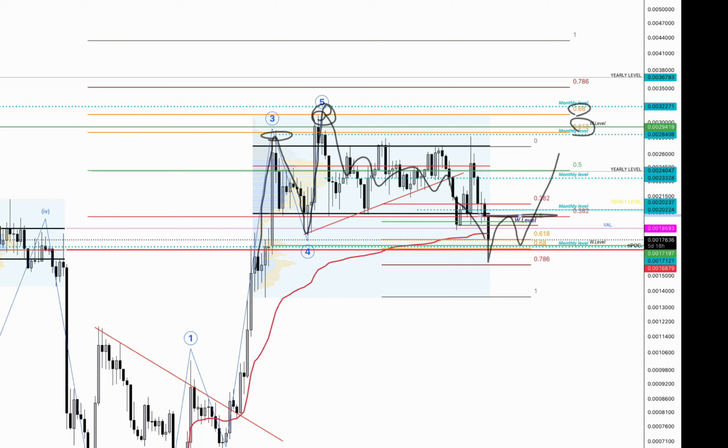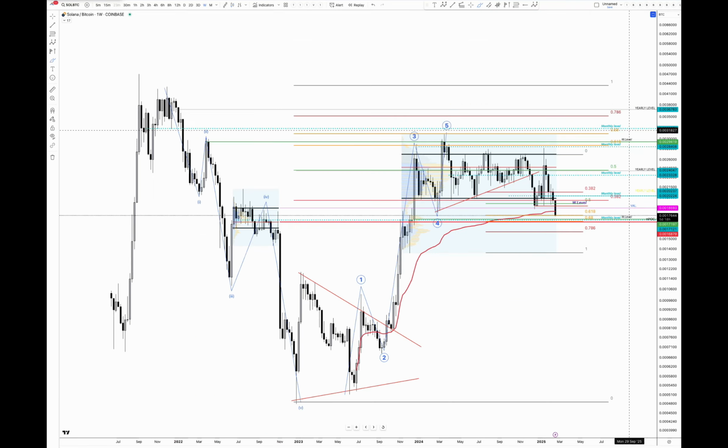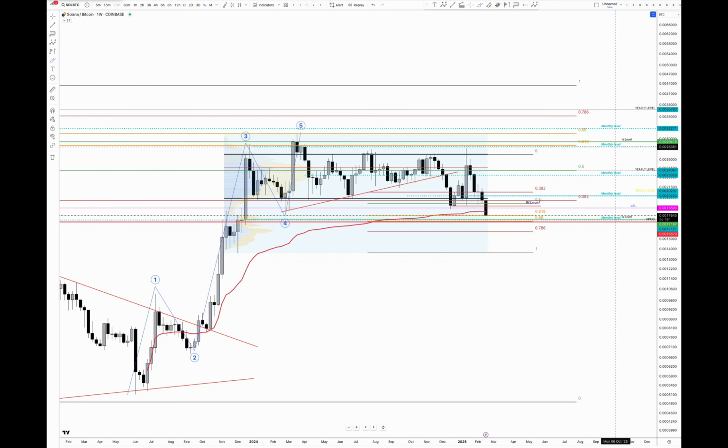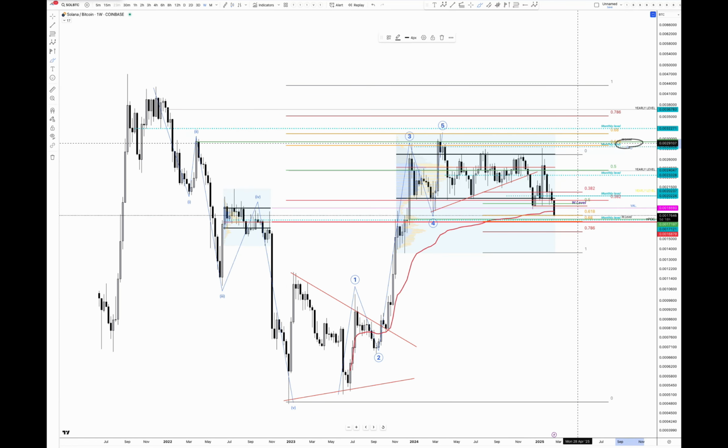So when we look at this from a Fibonacci perspective, the golden ratio makes sense to be a major resistance. And if we just clear this up for a sec, you can see our monthly levels also corresponding to that level here. So we had a monthly level here, that was a monthly level.